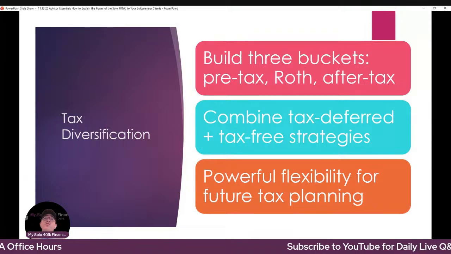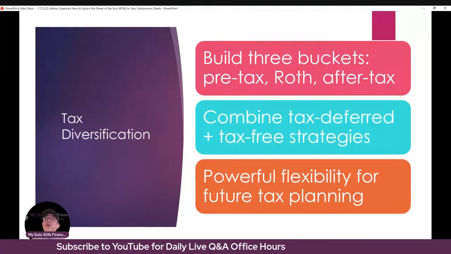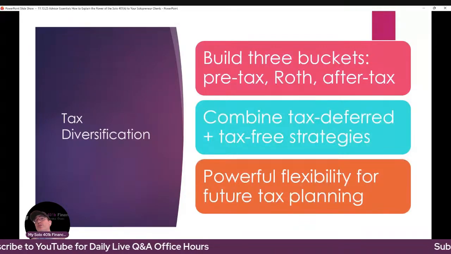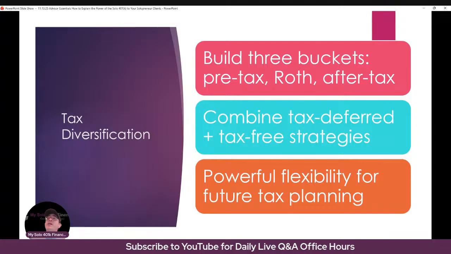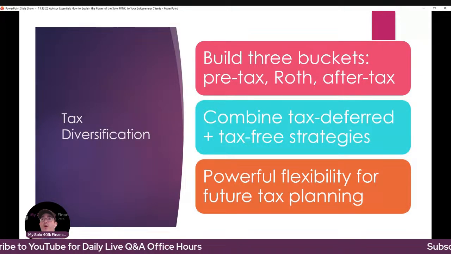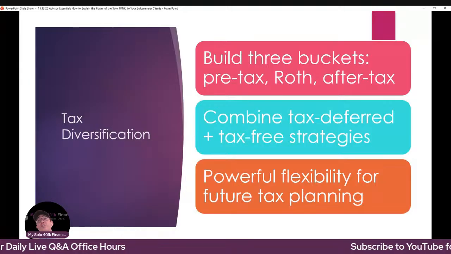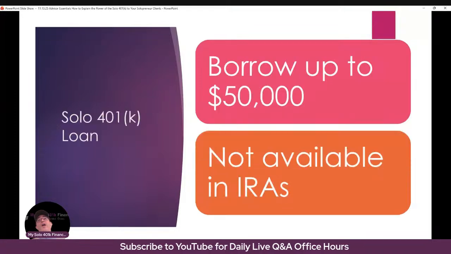So some individuals want to diversify from a tax perspective, right? They may say, well, let me hedge my bets. Let me make some contributions as pre-tax contributions to reduce my taxable income now for the year for which I make the contribution. But then let me make additional contributions as Roth or mega backdoor Roth contributions. So now I can get some benefit now, some benefit later with that potential for tax-free growth. And of course, our plan will allow for that.